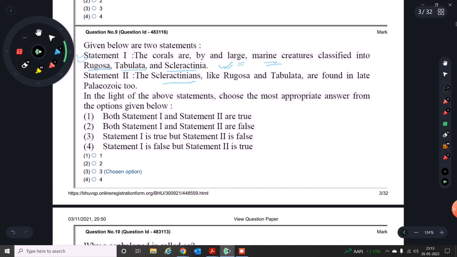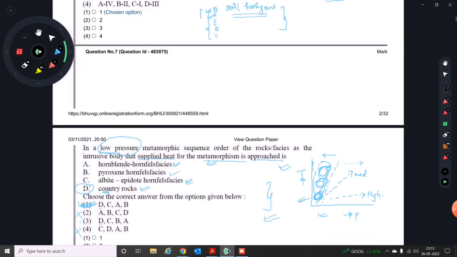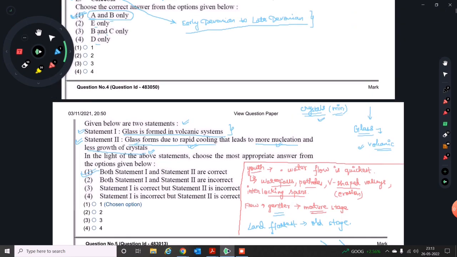Then it says the scleractinians like rugosa and tabulata are found in late Paleozoic too. So firstly, tabulata are not found in late Paleozoic, they are found in Mesozoic mostly. So that means the statement is automatically false. So we have statement 1 as true, statement 2 as false. Third option. Okay. This tabulata being from Mesozoic we have already discussed in one of the questions above.